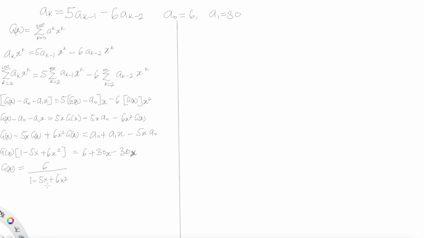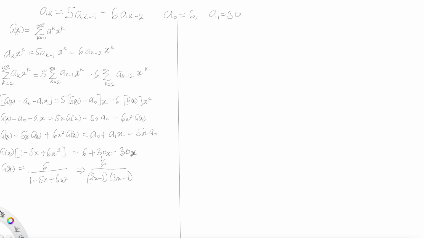We could then factor this quadratic expression, so this would give 6 all over, factoring this out, 2x minus 1 and 3x minus 1.